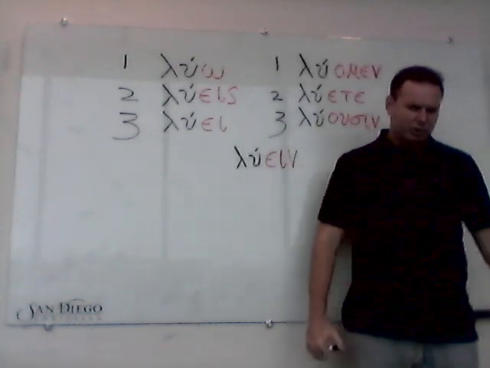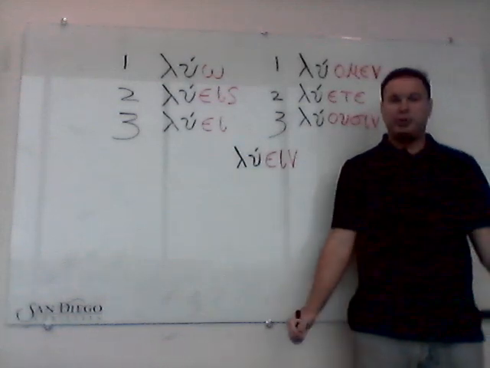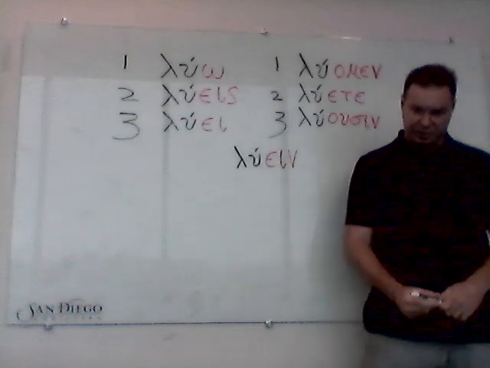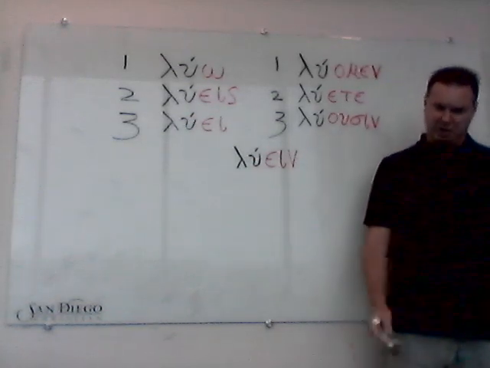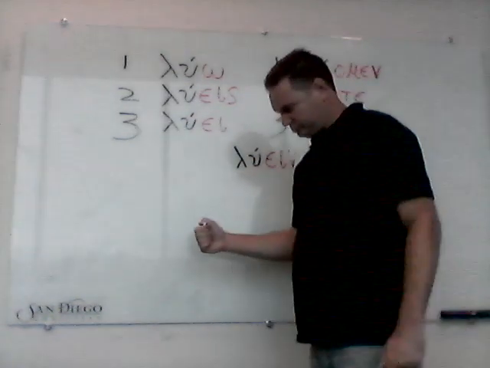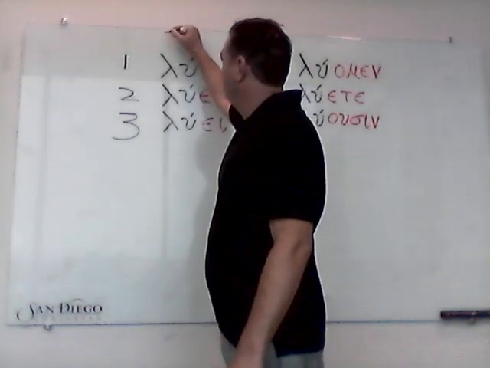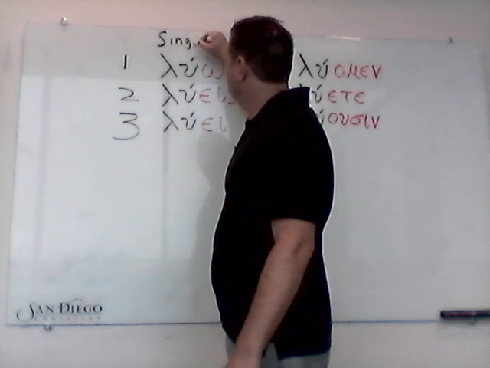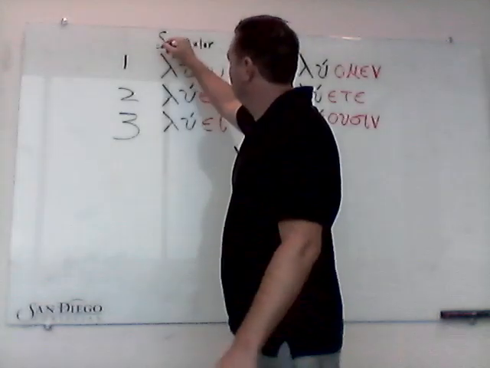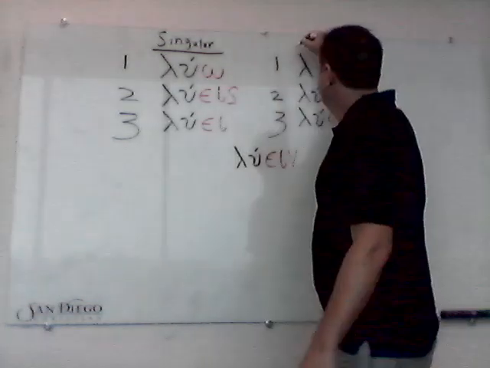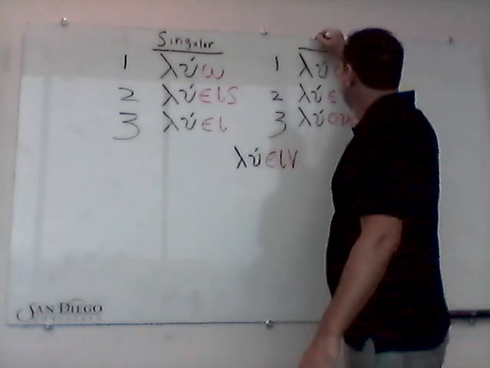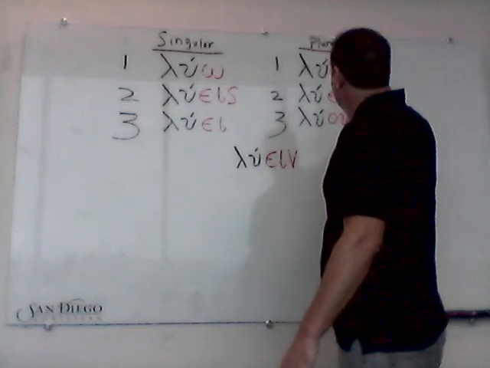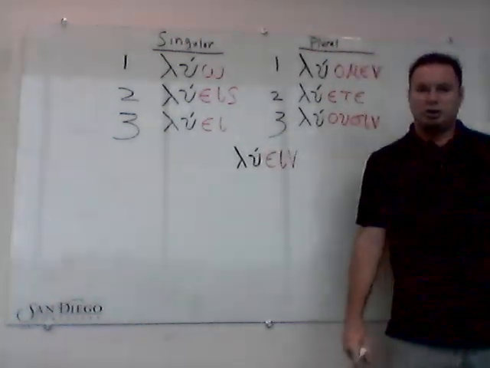Let me just give you the next thing as well, and then I'll put these two together, because we have person, and it has to do with whether you're speaking in the first, second, or third person. And we also have number. Number has to deal with whether you are dealing in singular or plural.